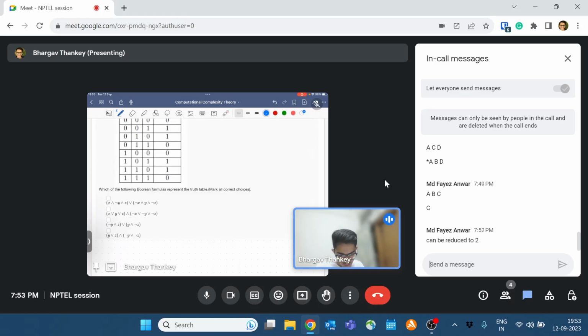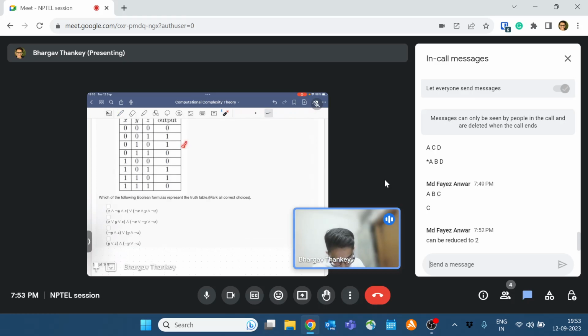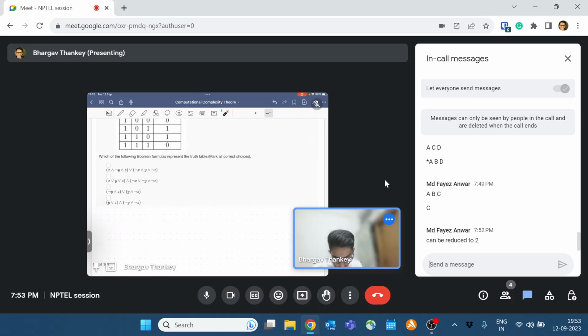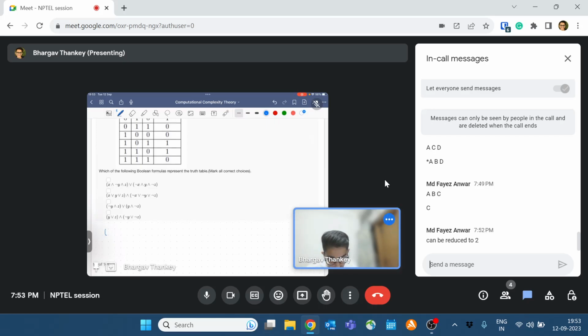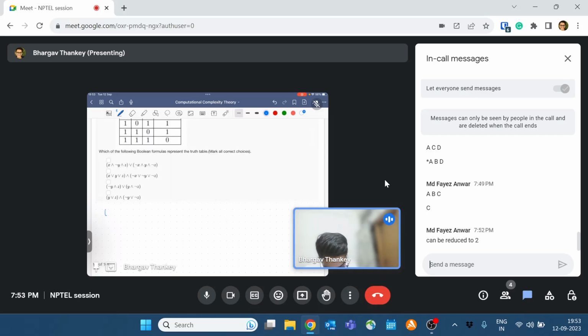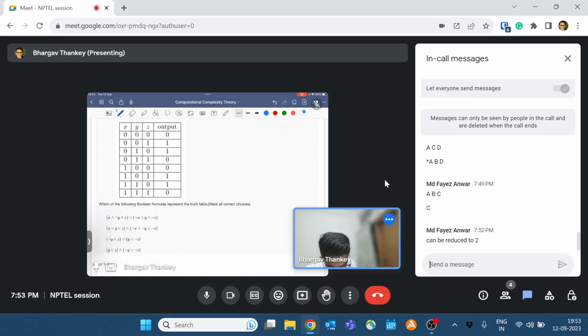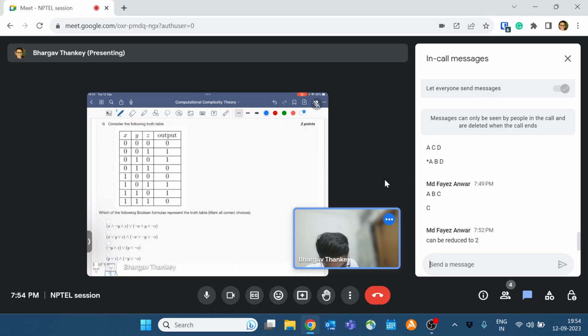Okay, so this is one and this corresponds to x complement, y, z complement. I'm just writing this in the DNF form. Okay, this is one: x complement, y complement, and z.